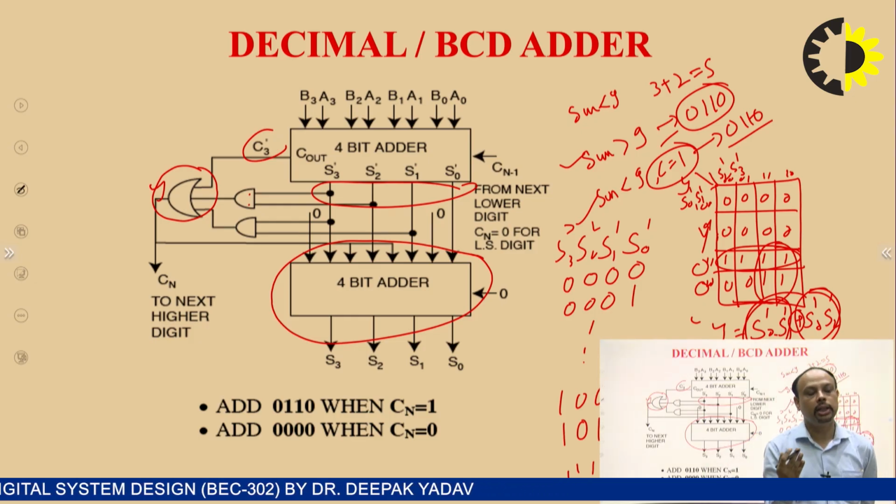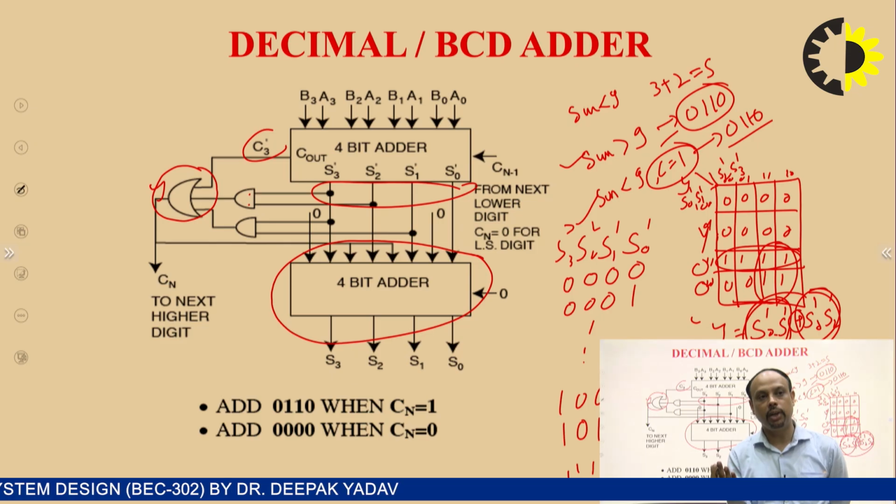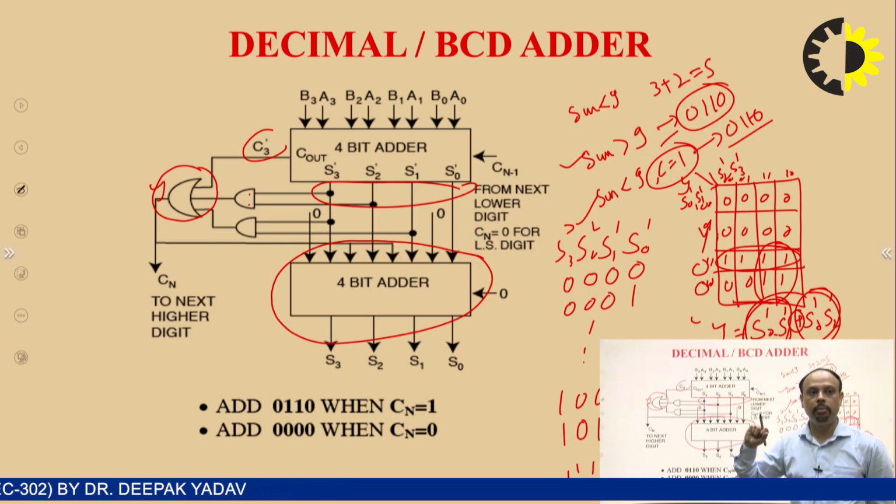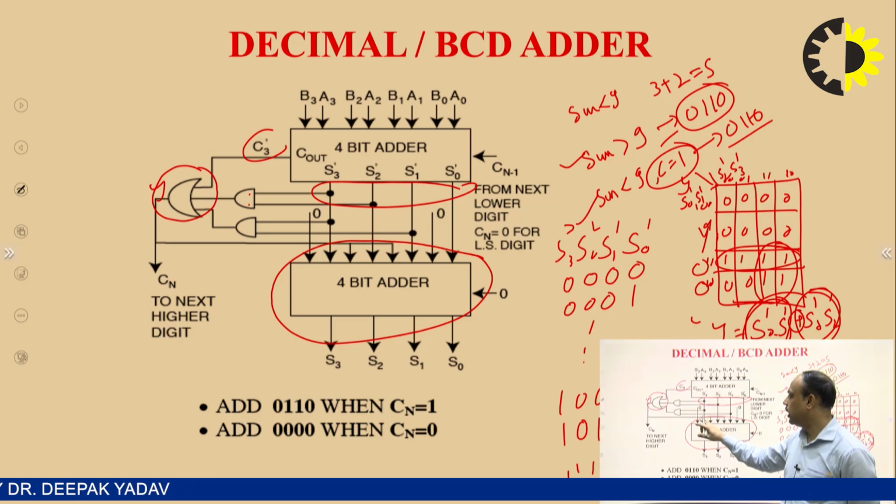Now this output provides the information that there is a need of correction. So if we have the sum over here in the 4-bit combination, the other 4-bit combination is sorted by this.